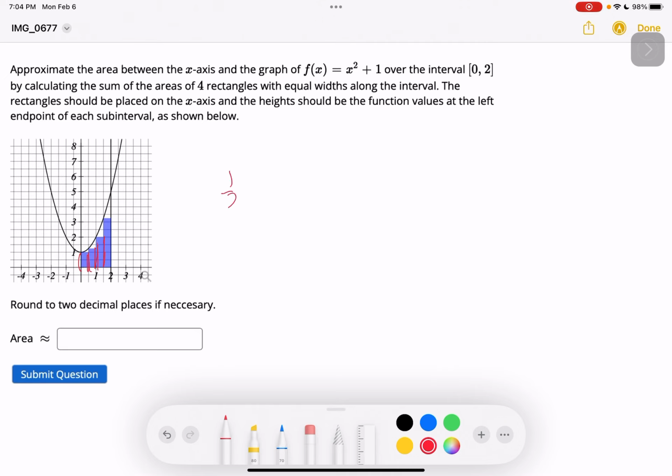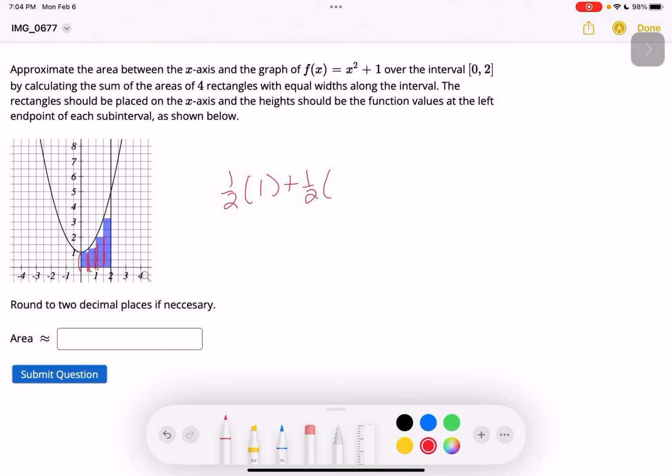So we have 1/2 times 1, plus the same width, 1/2 times the next one, which goes up to 1.25.